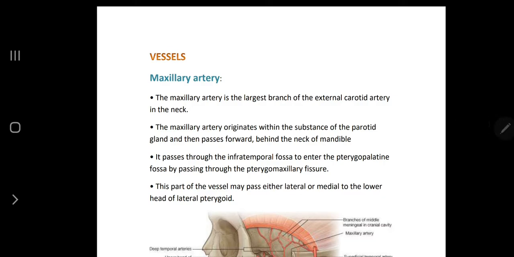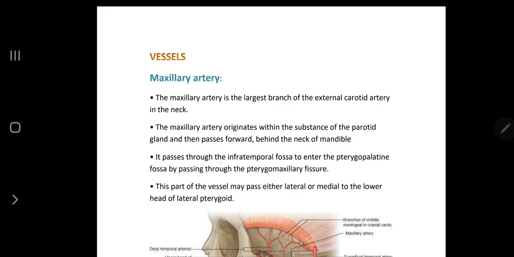Vessels. الماكسيلاري artery هو أكبر largest branch of the external carotid artery in the neck. Maxillary artery originates within the substance of the parotid gland and then passes forward behind the neck of the mandible.